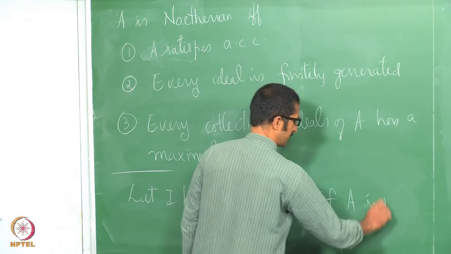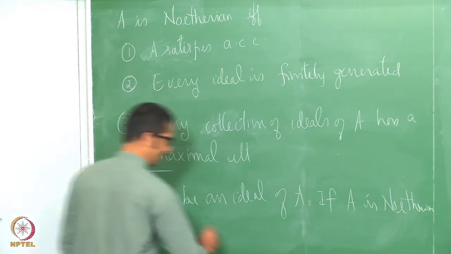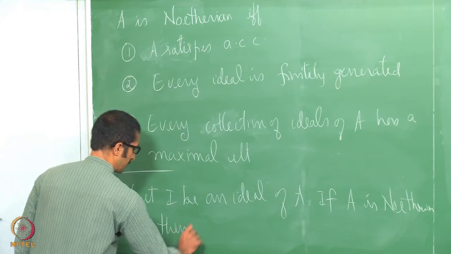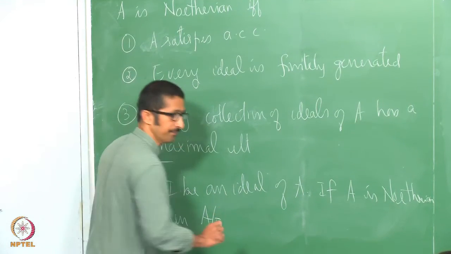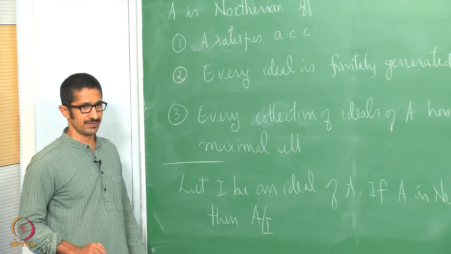If A is Noetherian, then what can you say about A mod I?